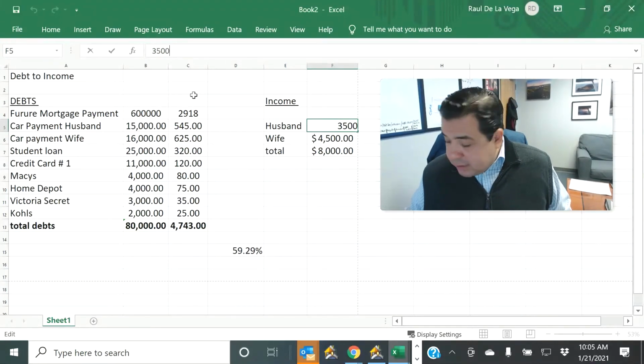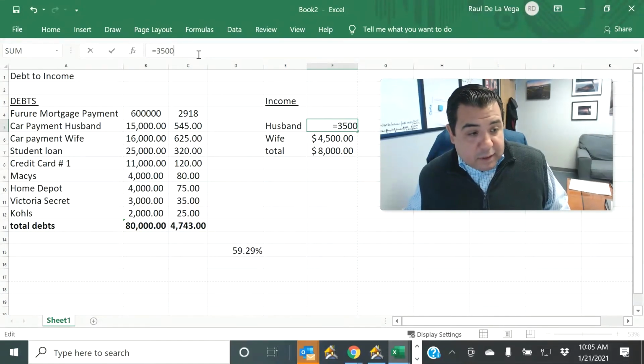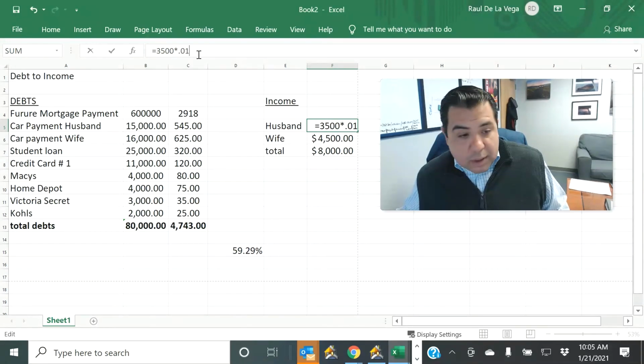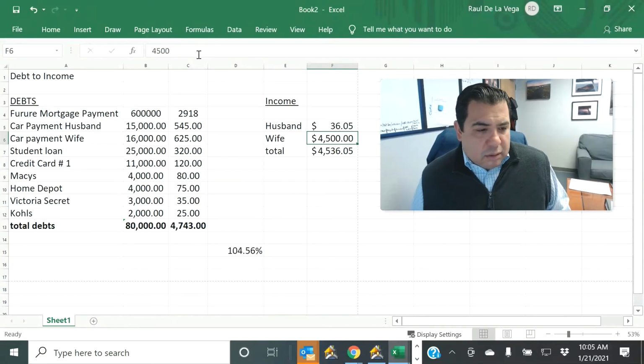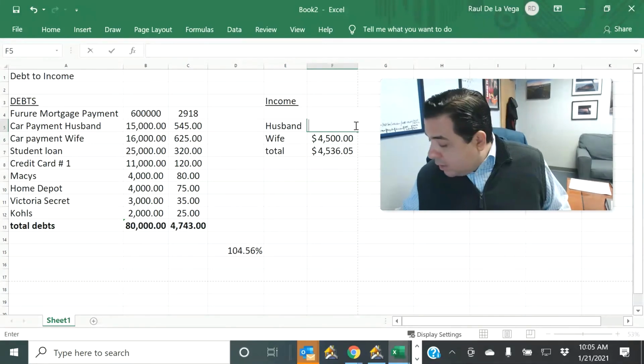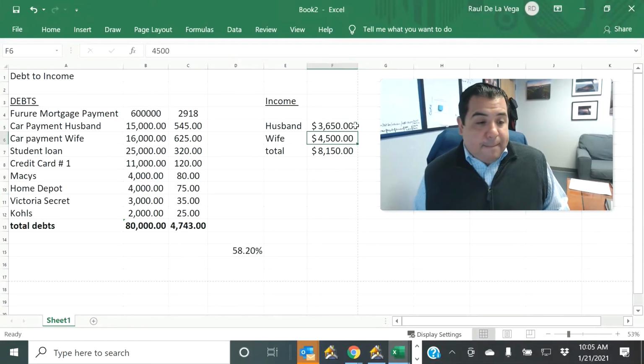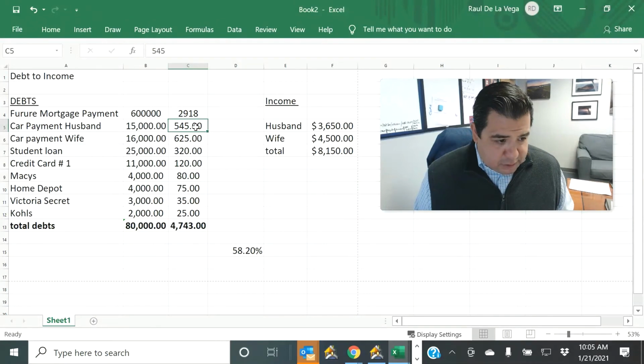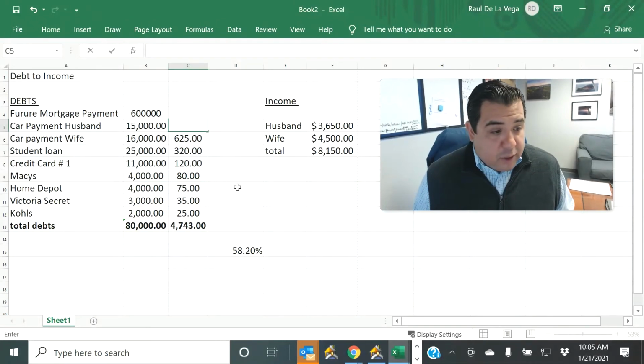So let's call this 3% cost of living, times 1.03. Oh, 3,600. All right, 3,650. Bam. Now at 58, but we don't have to remove something so big. We can remove maybe this small loan, and now you're under 55%.